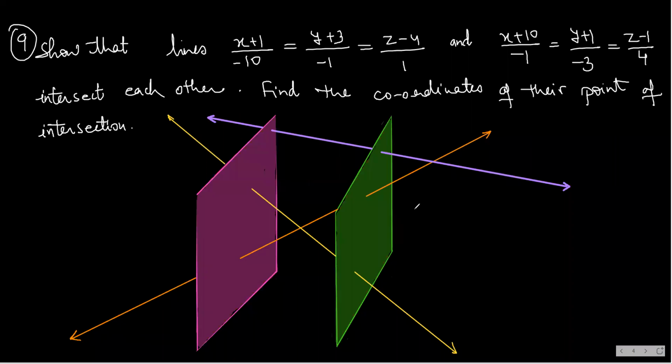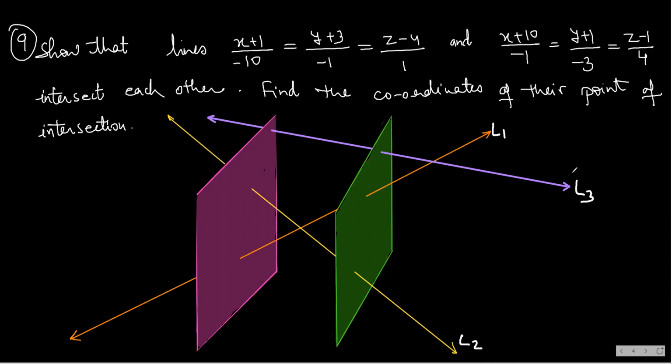Okay, now we will begin with the solution of this question. For your reference, I have drawn this diagram. In this diagram, you see 3 lines. Let us call this orange line as line 1, the yellow line as line 2, and this one as line 3.